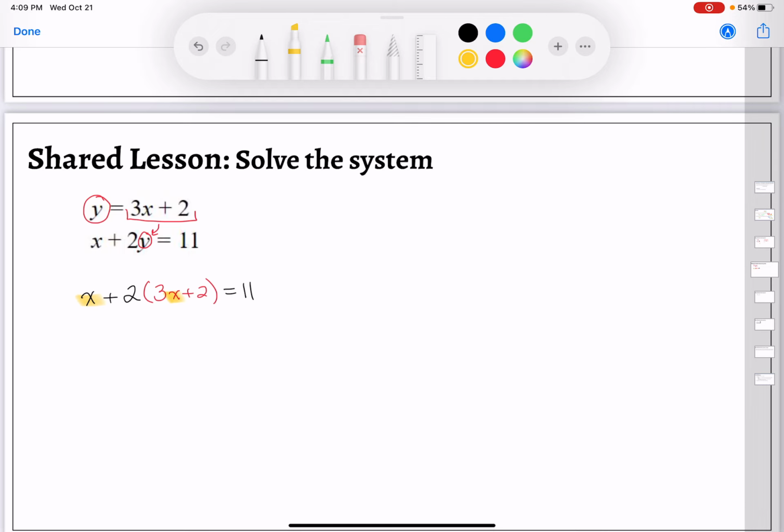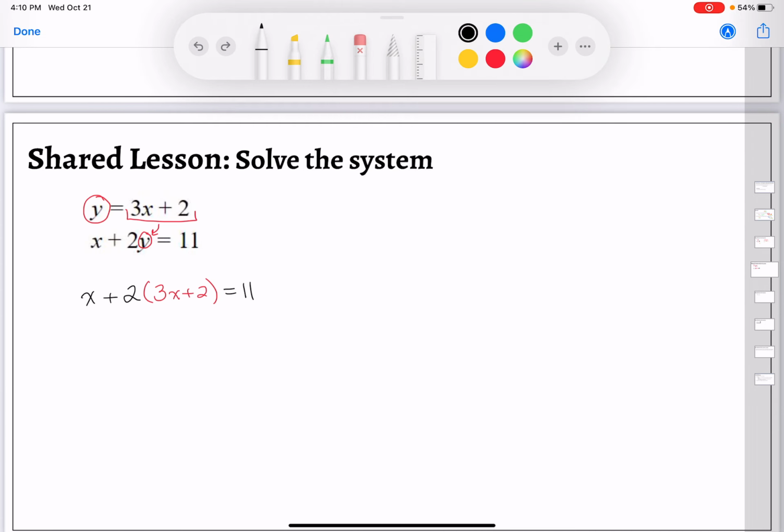If you substitute in and you still have both variables, if you still have an x and a y, you've done something wrong because you can't solve one single equation for two variables. It doesn't work. So this is the whole process, is to get rid of one of your variables. So make sure that after you substitute, you're only left with one kind of variable, only x's or only y's.